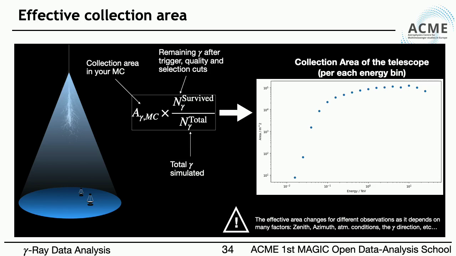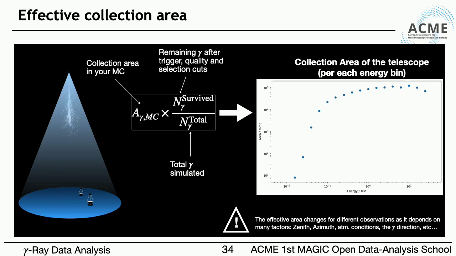At intermediate energies, between a few hundred gigaelectron volts up to 100 teraelectron volts, the effective area approaches the geometrical size of the light pool, which is roughly of the order of 10^5 square meters. After that, the efficiency is nearly flat. Almost every gamma ray can produce a detectable shower.